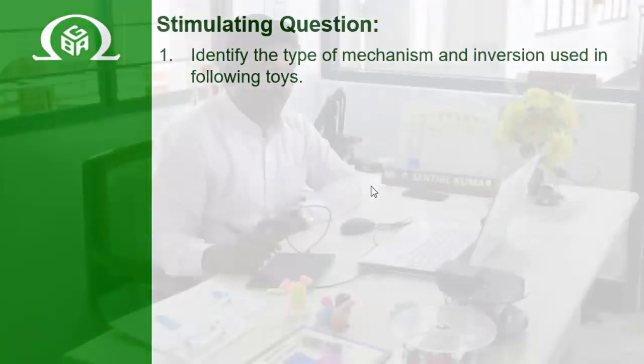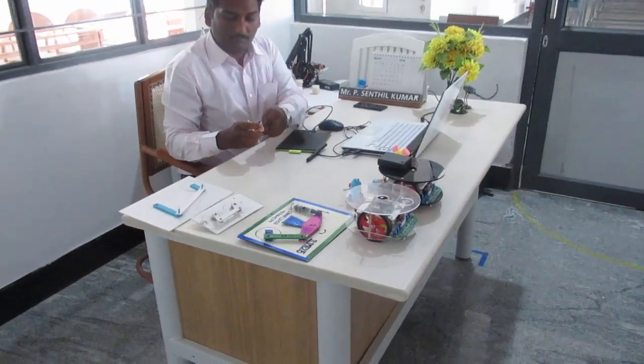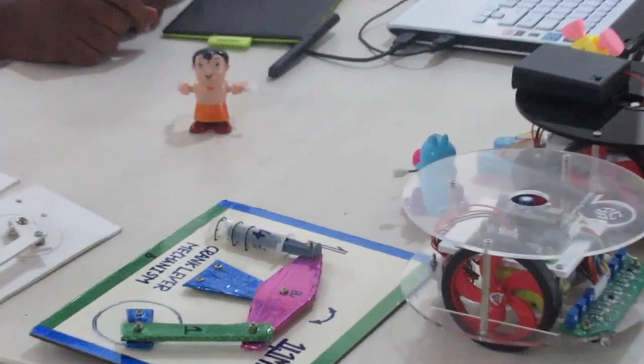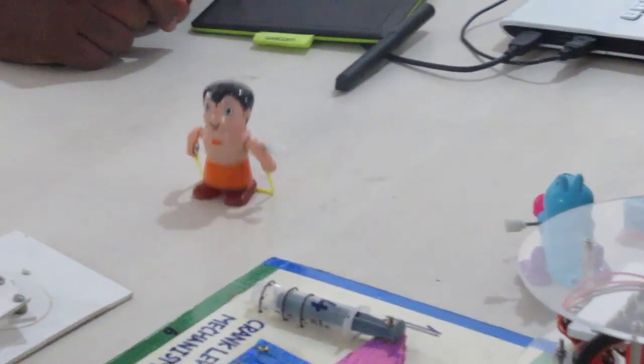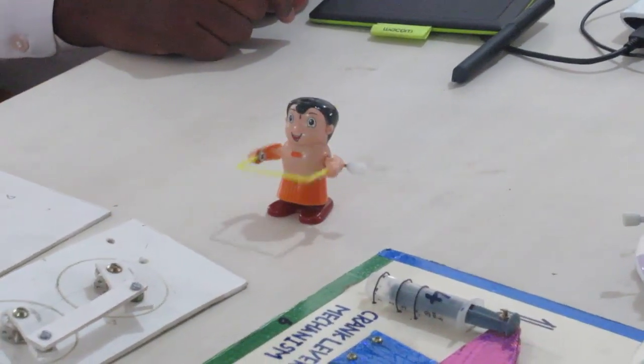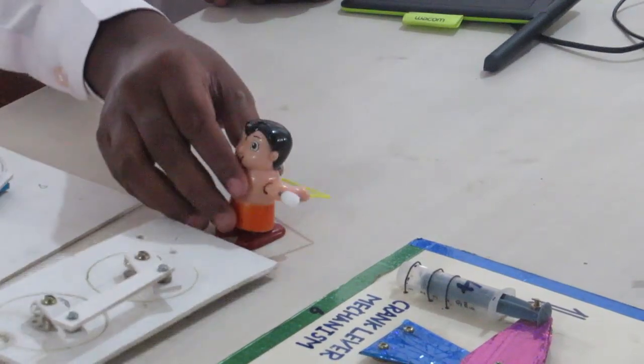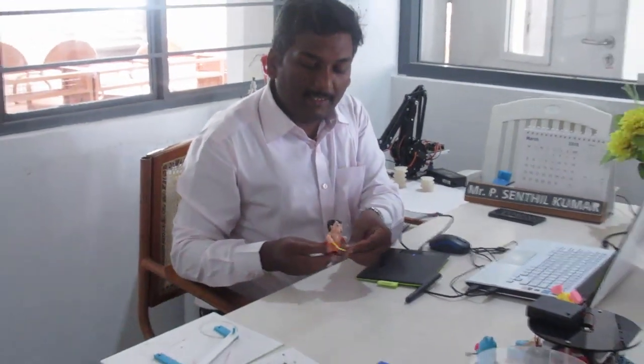Stimulating question. Identify the type of mechanism used in the following toys. The answer is double crank mechanism.